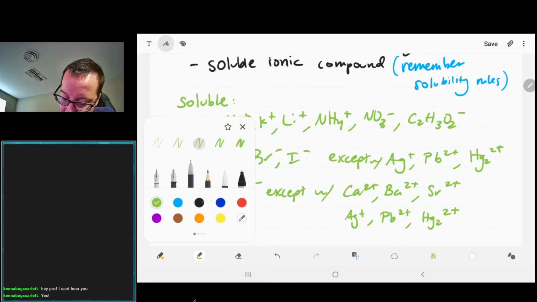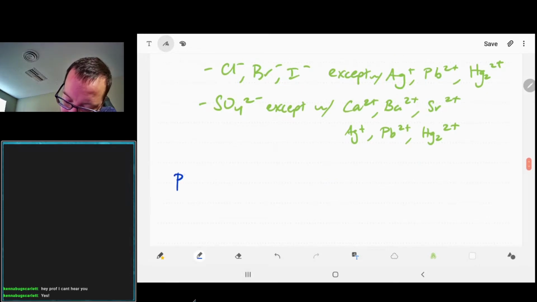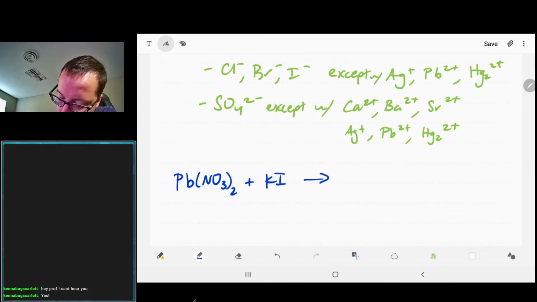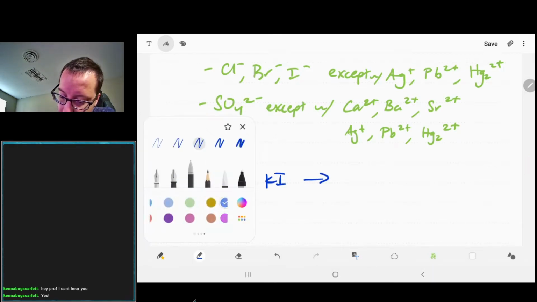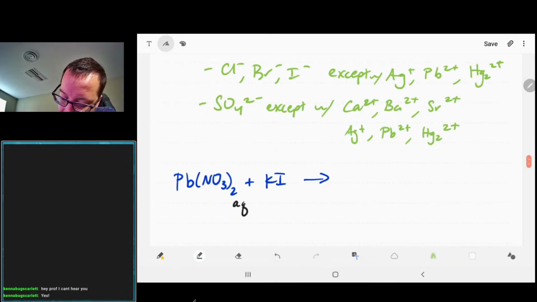Just so you know, typically you're going to be predicting the state of matter of products, because you could be given your reactants in whatever state I feel like giving them to you in.